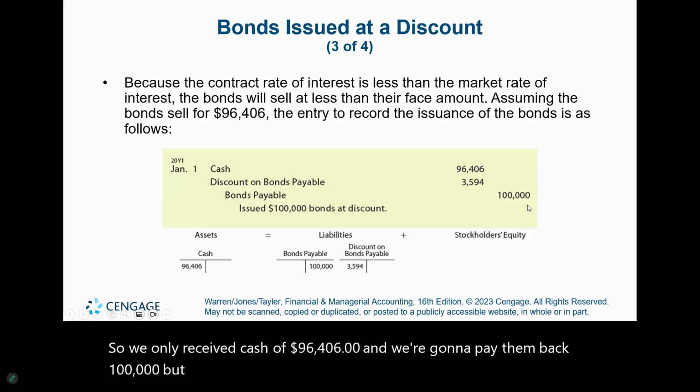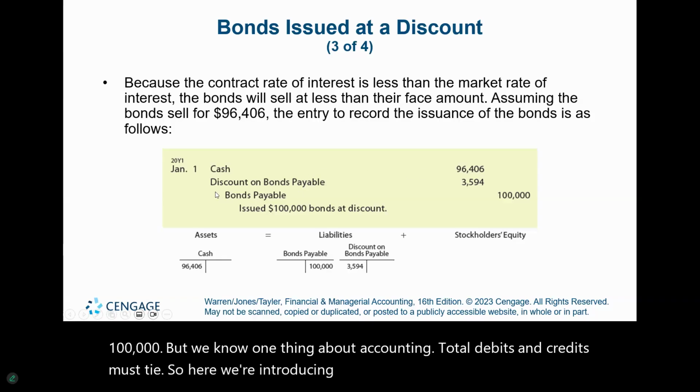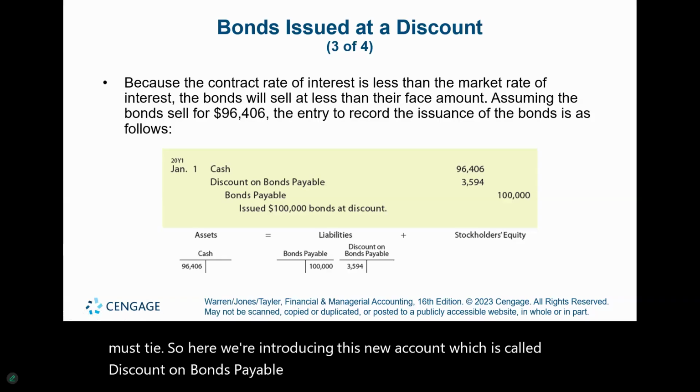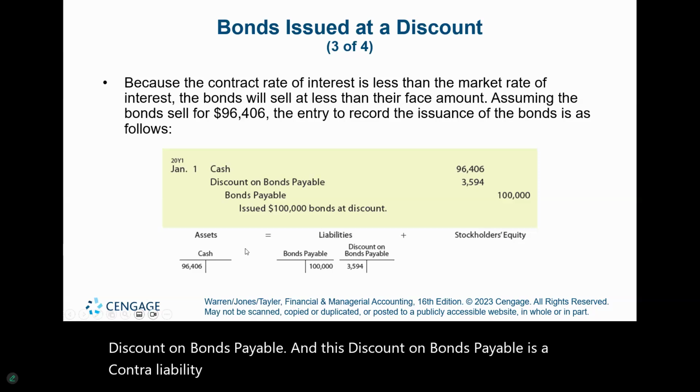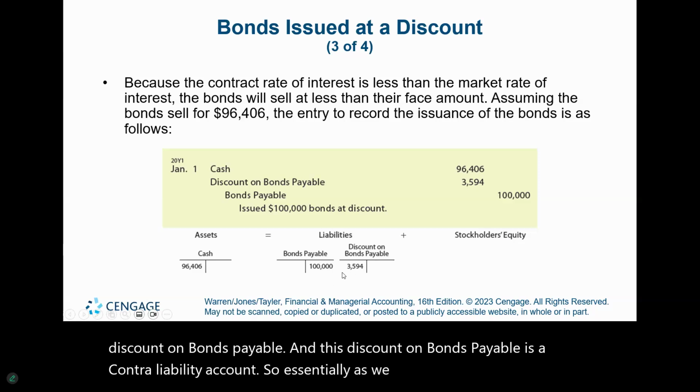But we know one thing about accounting: total debits and credits must tie. So here we're introducing this new account, which is called discount on bonds payable. And this discount on bonds payable is a contra liability account. So essentially, as we see here, both are a liability account.